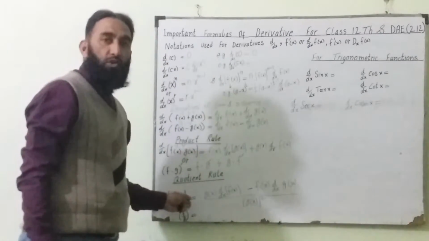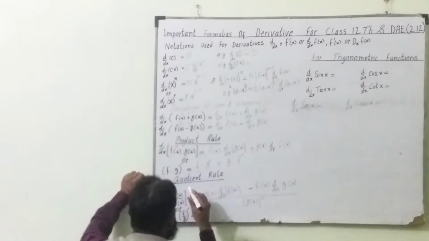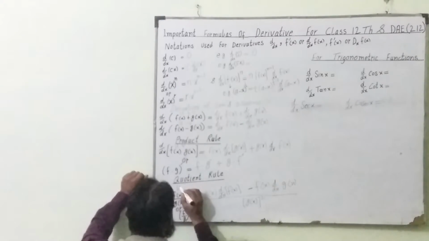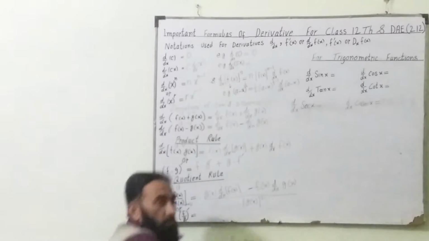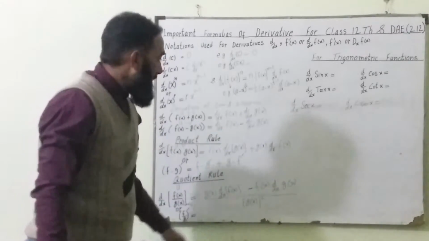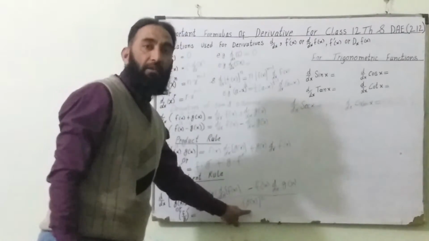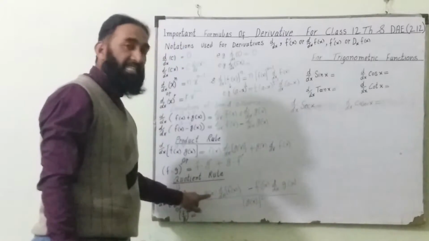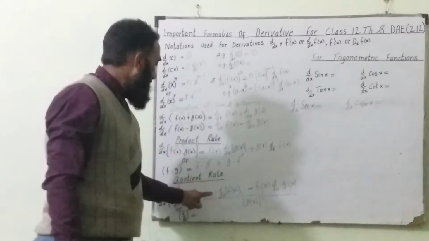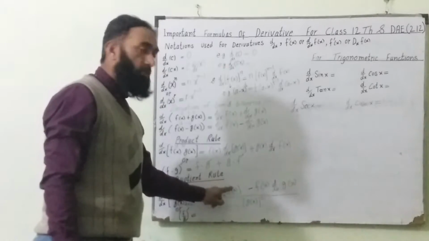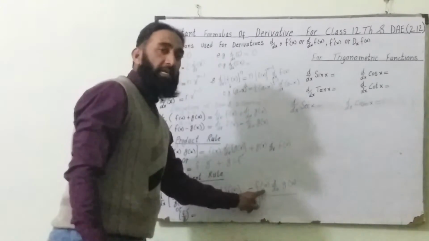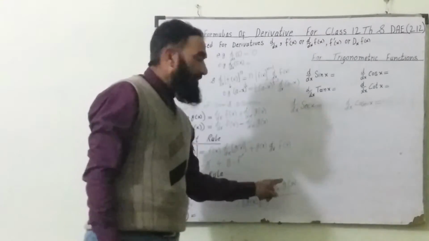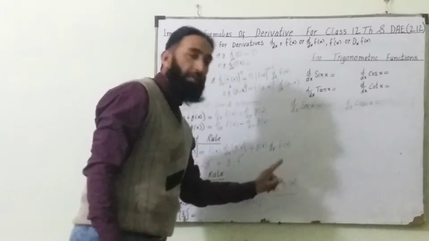Here we can also use u upon v. If we are using u upon v, it means v square, v is as it is, and the derivative of u minus u is as it is, and the derivative of v.